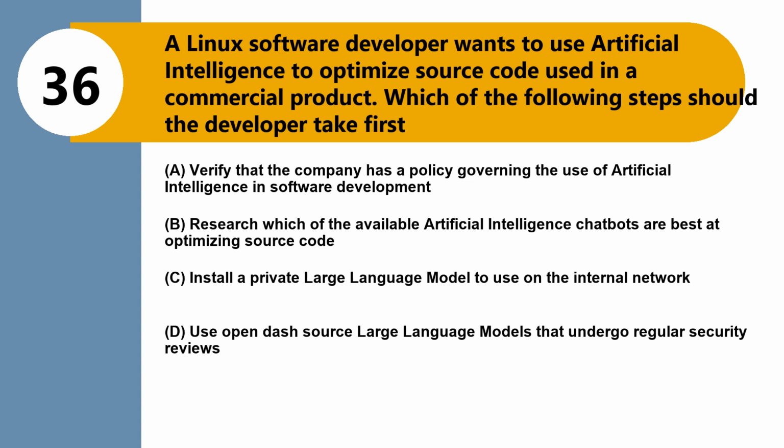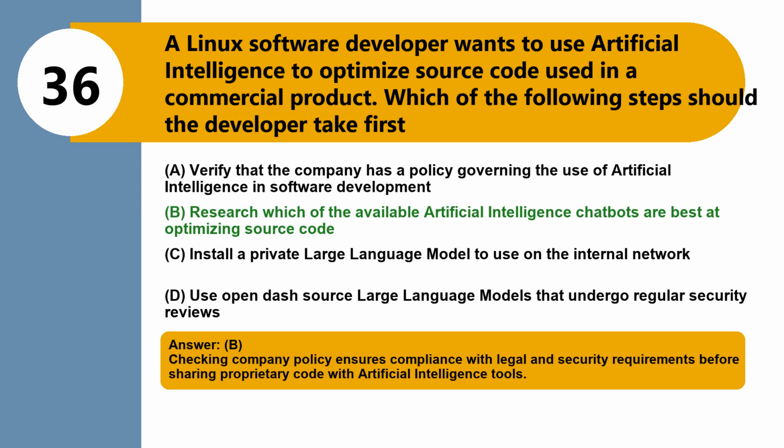Option D, use open-source large language models that undergo regular security reviews. The correct answer is option B, research which of the available artificial intelligence chatbots are best at optimizing source code. Checking company policy ensures compliance with legal and security requirements before sharing proprietary code with artificial intelligence tools.